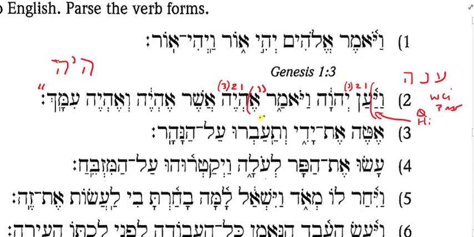It's doubly weak, okay? But look at the form. It's actually quite normal. On the front side, I have an aleph with its normal segol and a silent shava. This is characteristic of the cal, right? But it's 3-hey, so I get the segol hey here for the uninflected ending. So it's cal imperfect 1CS. Now, what the actual nuance of the cal imperfect of this verb is has been subject to a lot of speculation and debate.